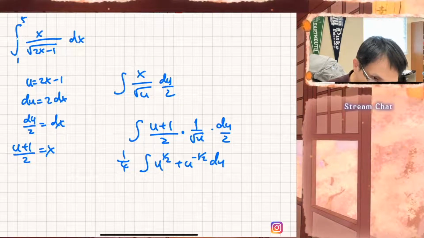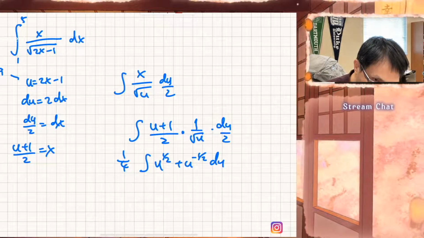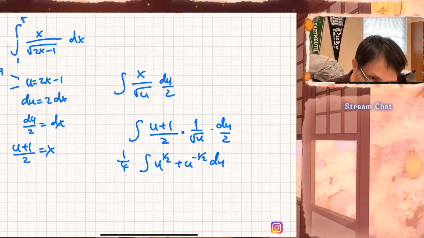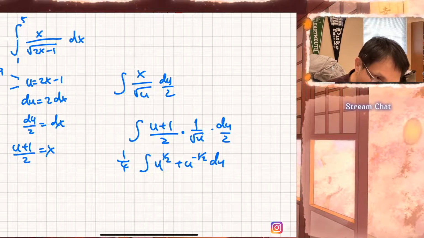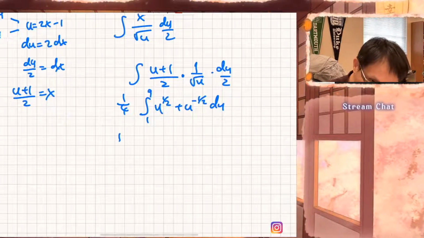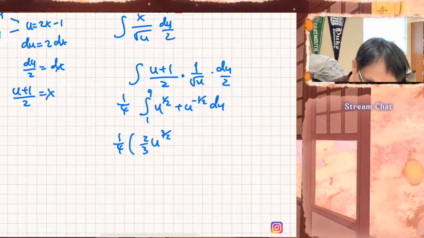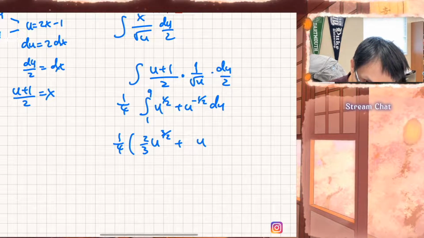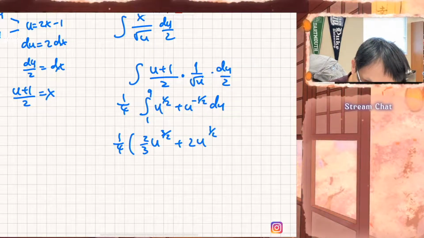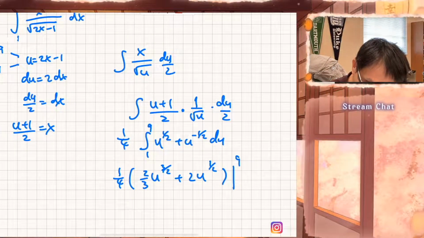The boundaries are going to be 9 to 1. So the integration of this is going to be u to the 3 over 2 times 2 over 3, plus u to the 1 half times 2, between 9 and 1.